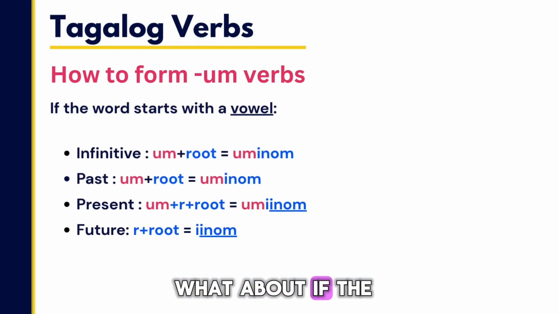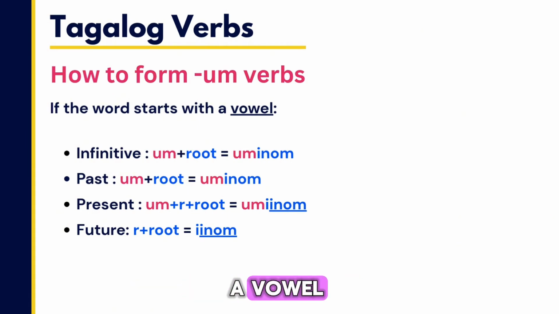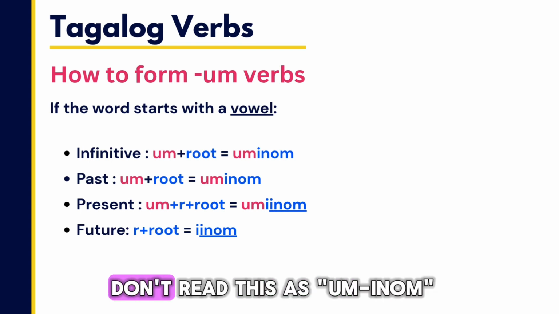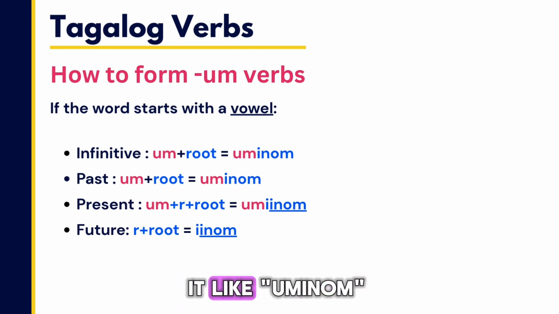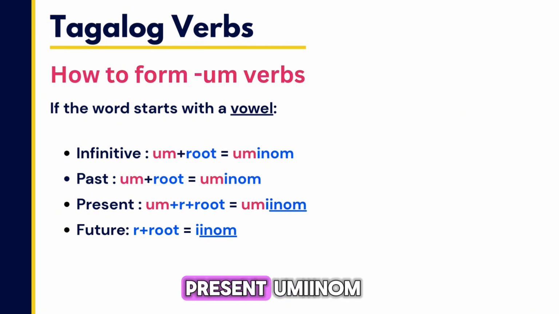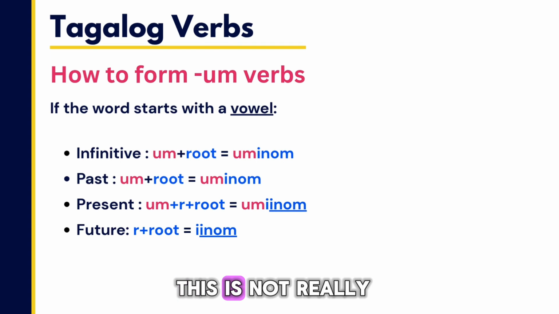What about if the verb starts with a vowel? If it starts with a vowel, just put the um in the first part and then the whole root word. So uminom. Don't read this as inom. No, you have to read it like uminom. And then uminom, same. Present, umiinom. So repeat the first open syllable.